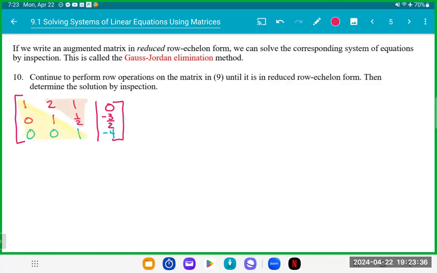All right, so how do we do that? Let me build our matrix.